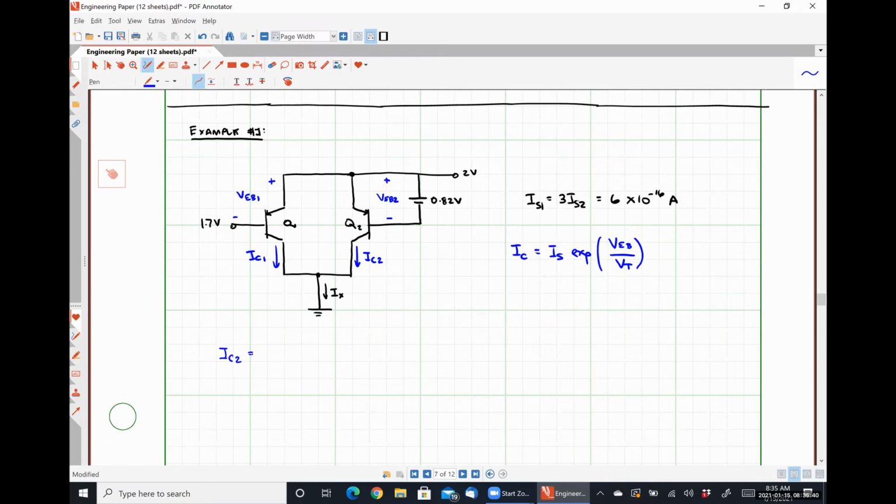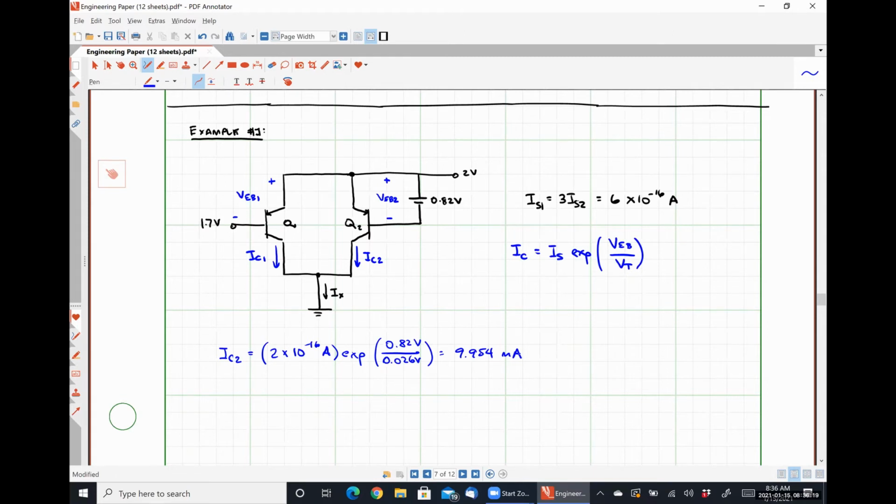So what's IS2? 2 times 10 to the negative 16. Our thermal voltage is 0.026 volts. And I get 9.954 milliamps here.